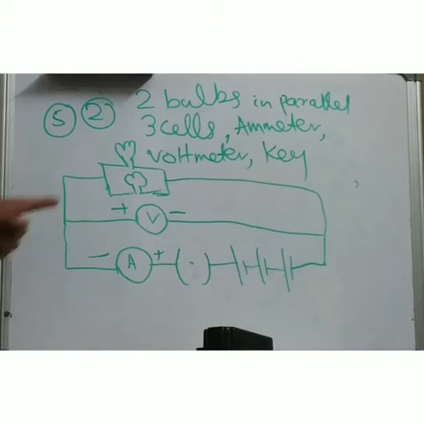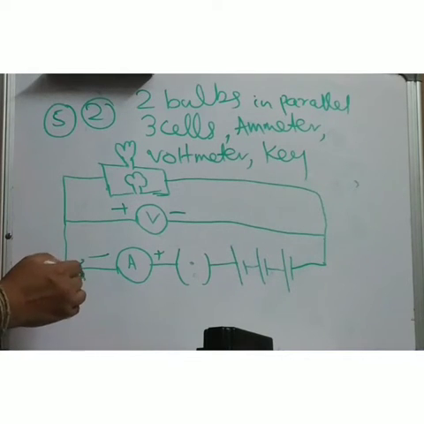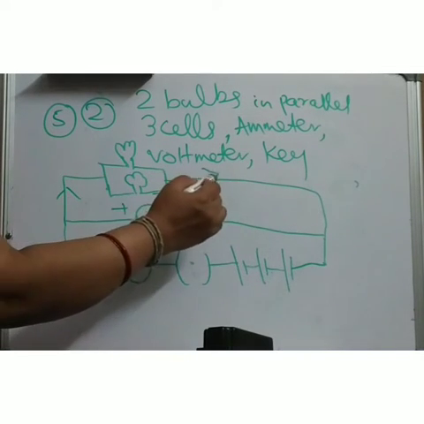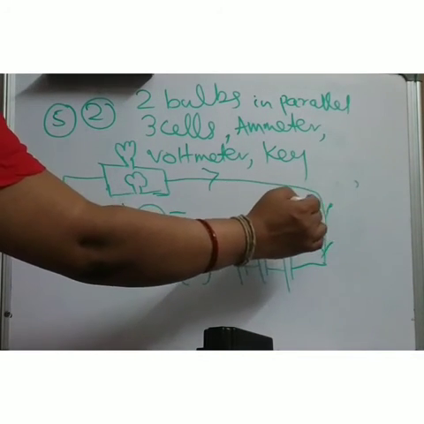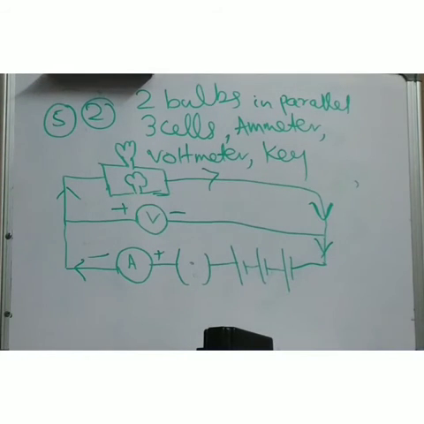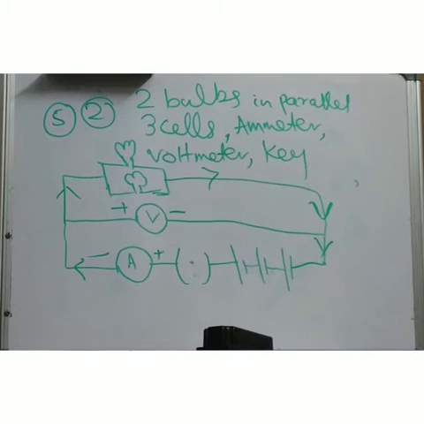Now the bulb: what will be the current direction? The current direction will be from positive to negative. Is it clear, the current direction and everything? I think it is clear. If any doubt, please leave a comment so that I can discuss again.